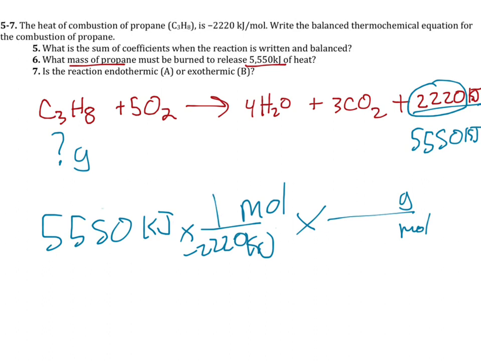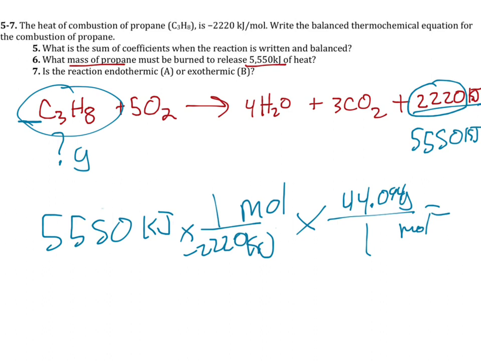And we know that the coefficient of this is 1. And then we can go moles to grams using the molar mass of the propane. So 1 mole is whatever the molar mass of that is, and that is going to be 44.094.